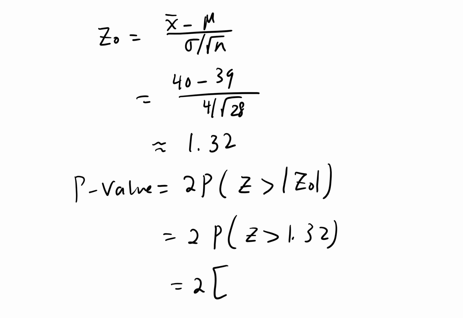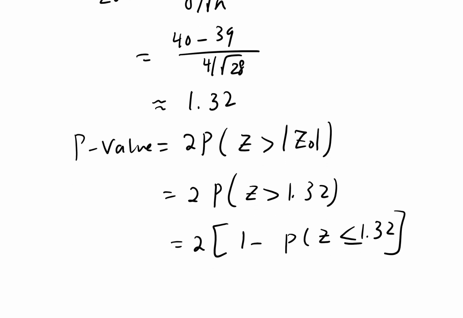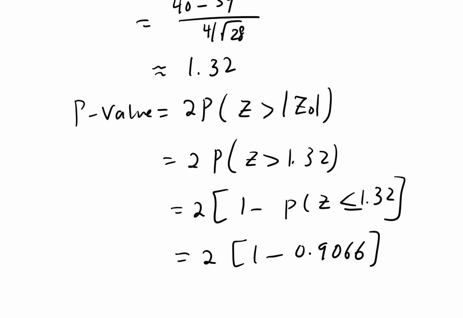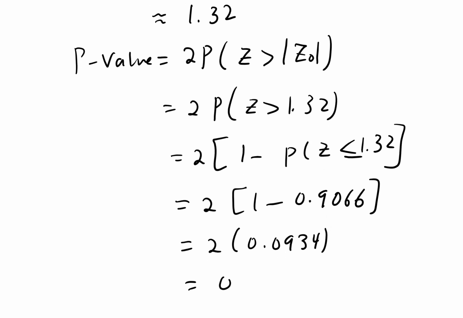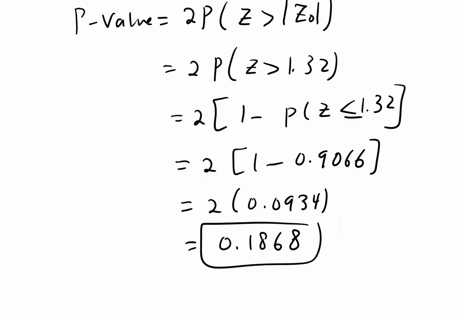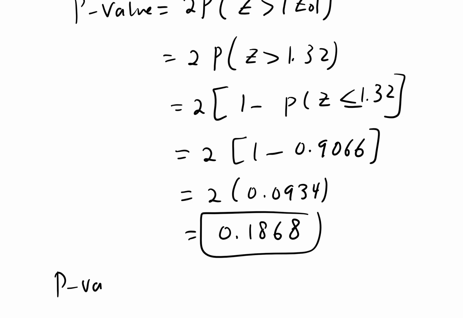But table 2 only gives you the area to the left of z0, so we do the complement: 1 minus the probability z is less than 1.32. Then this is 2 times 1 minus 0.9066, which is 2 times 0.0934, and this gives us 0.1868. That's the p-value.